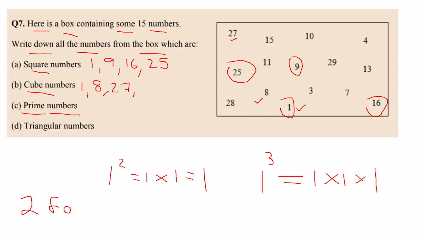A really common misconception that students make year upon year is thinking 1 is a prime number. 1 is not prime because it has only one factor, which is 1. A factor is a number that goes into that number cleanly, with no remainder. The first prime number is actually even, which is 2.